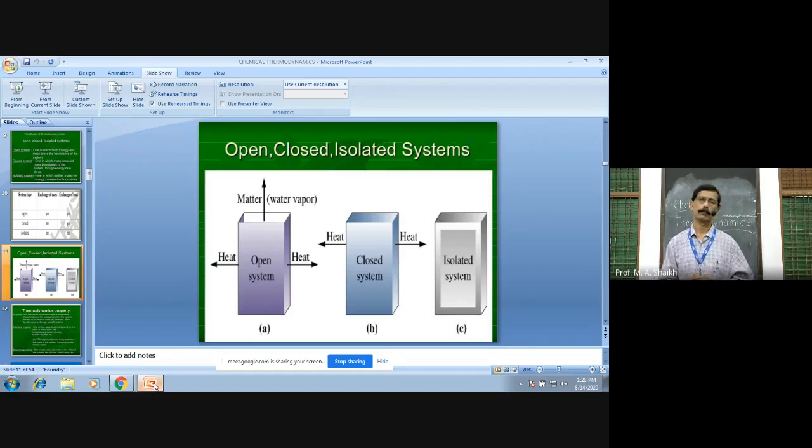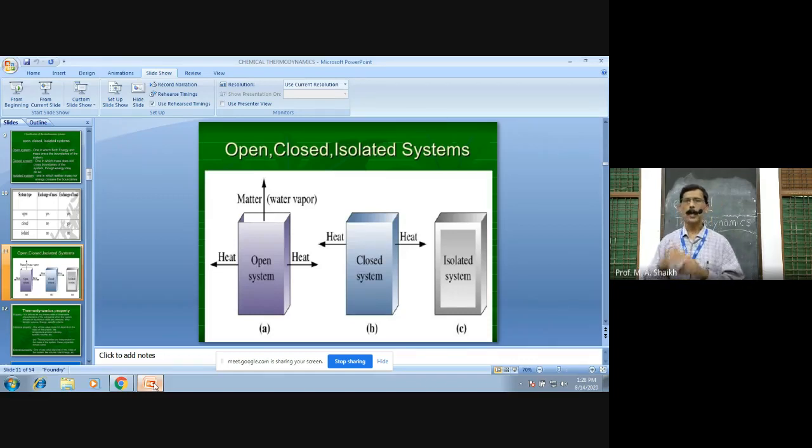Now see the C diagram. What is written on the vessel? Isolated system. Some diagram is somewhat different. Why different? Because the walls of the vessel are insulated. Suppose they have taken hot water system in the closed as well as insulated vessel. Let walls of this vessel are insulated. And what we will observe? There is no exchange of water vapor as matter in between system and surroundings.